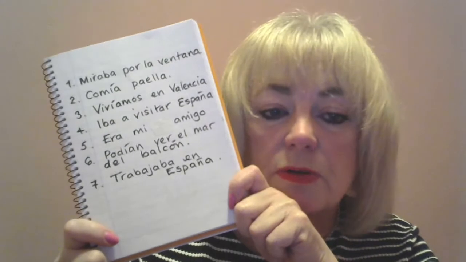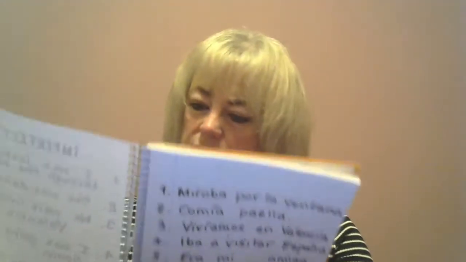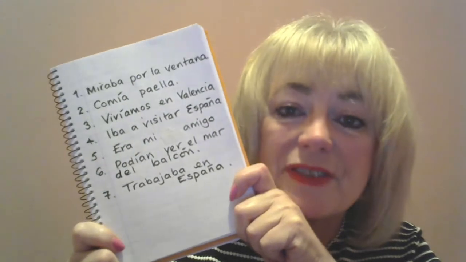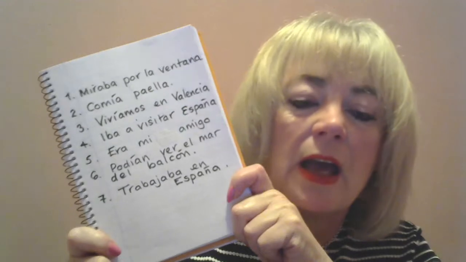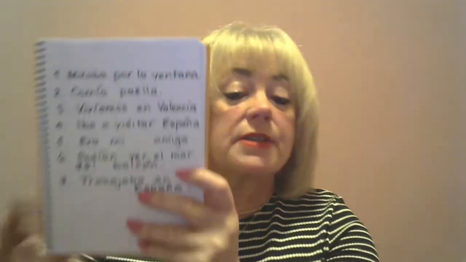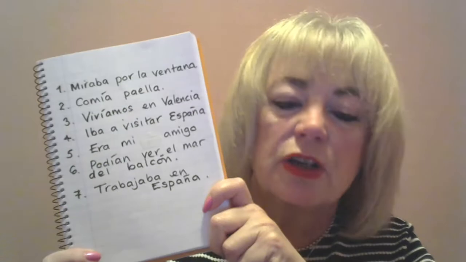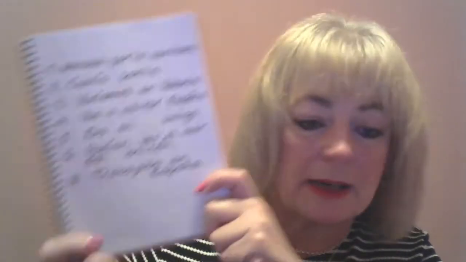Número cuatro, iba a visitar España. So who's this? I was going to visit Spain. So yo iba a visitar España. Probably better to put in the yo. Número 5, era mi amigo. He was my friend. So él era mi amigo. Número 6, podían ver el mar del balcón.